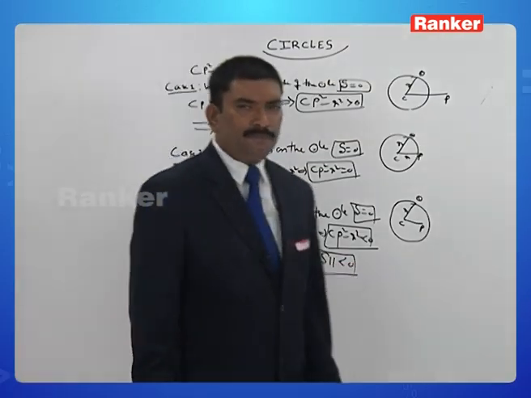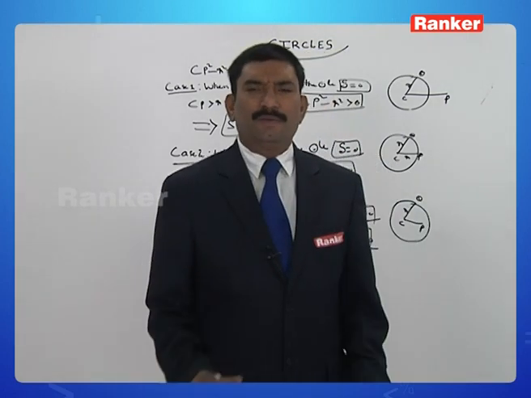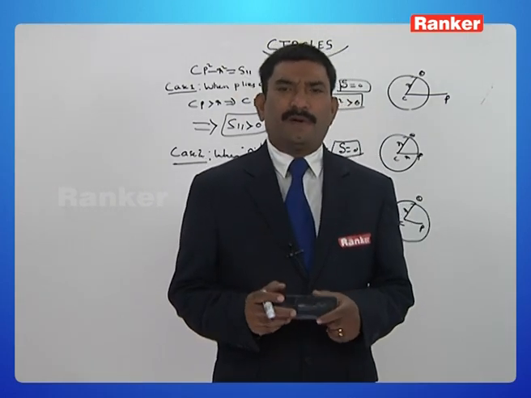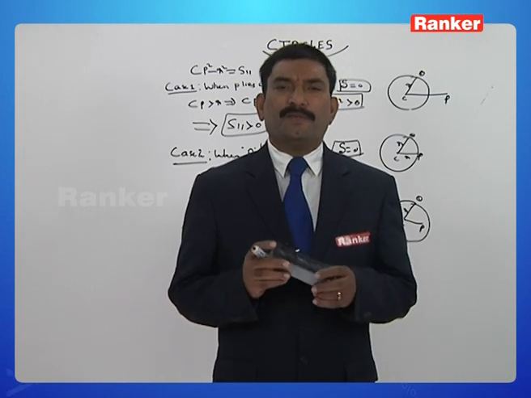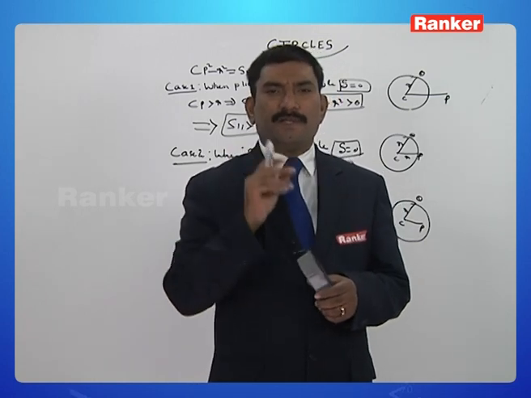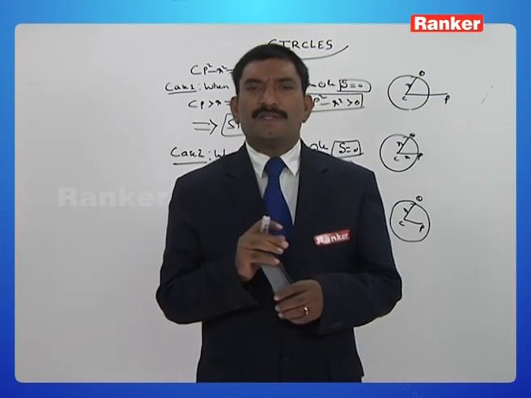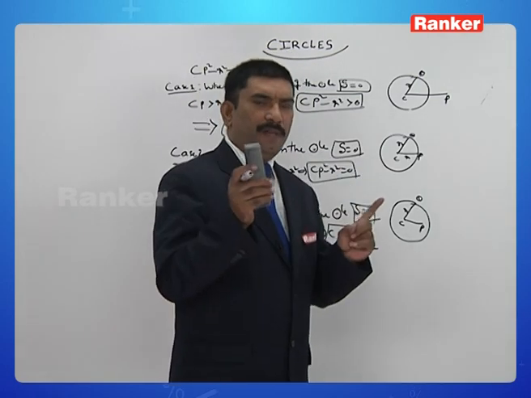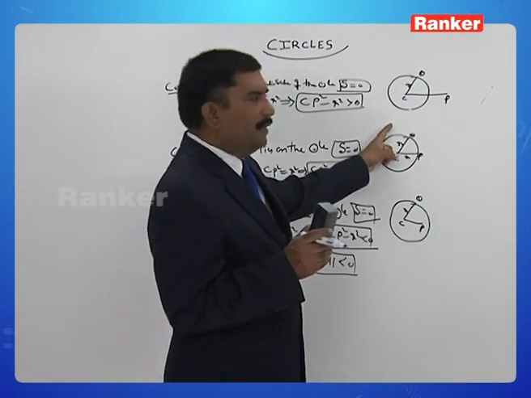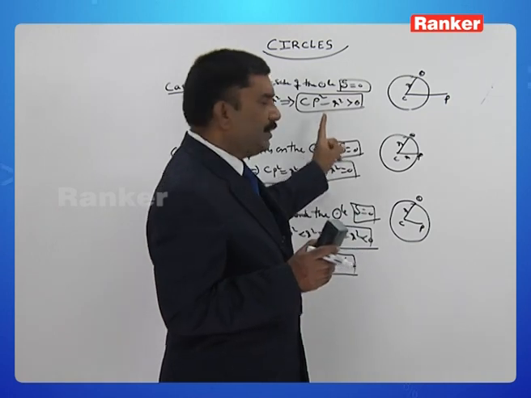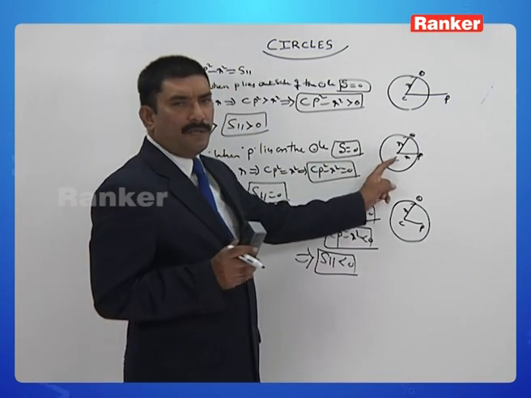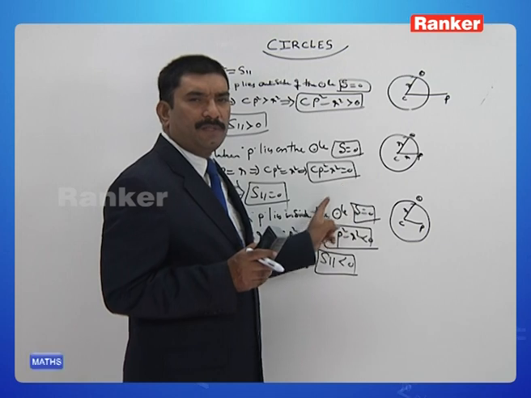Yes, we have come across the position of a point with respect to the circle. When the point lies outside the circle, S11 is greater than 0. When the point lies on the circle, S11 is equal to 0.